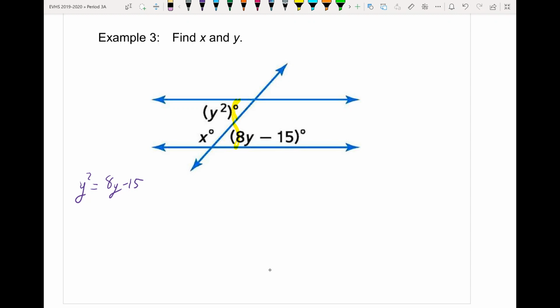The other couple of ways you could do it have to do with setting the equation equal to 0. Okay? Set everything equal to 0. So let's get this guy equal to 0. I'm going to move my 8y and my negative 15 to the other side. Give me y squared minus 8y plus 15 is equal to 0.